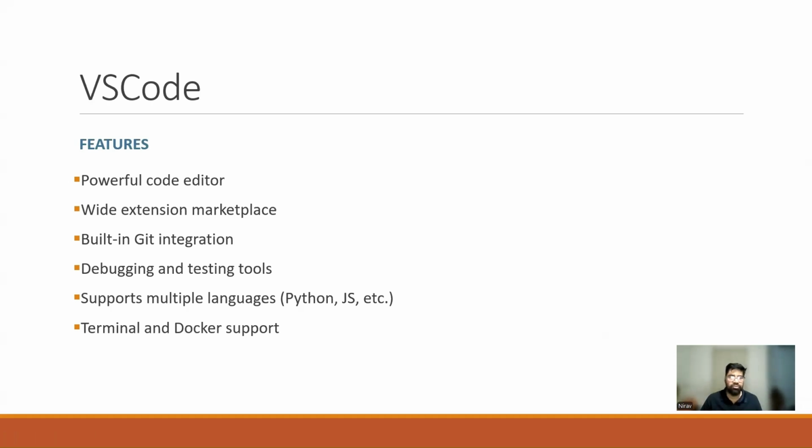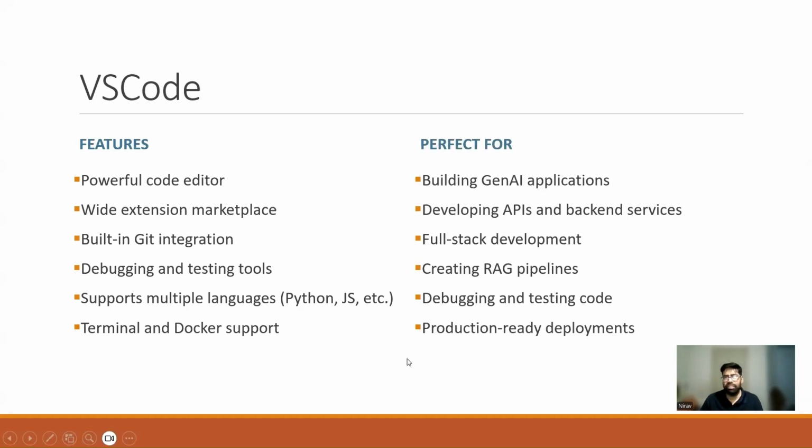It also provides a terminal where you can execute your commands, and provides Docker support. It is perfect for building GenAI applications, developing APIs, backend services, full stack development, creating RAG pipelines, debugging, testing code, production deployment. For everything, you can use VS Code. And this is, as I told, the most popular IDE developers are using.